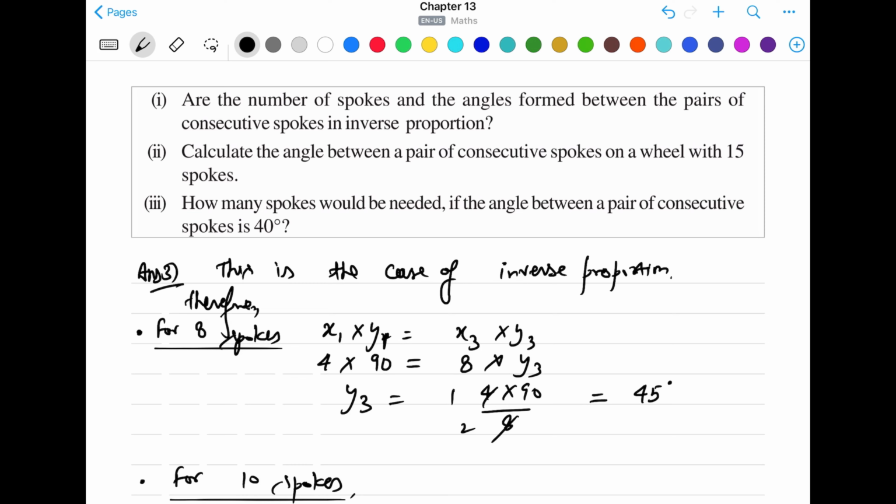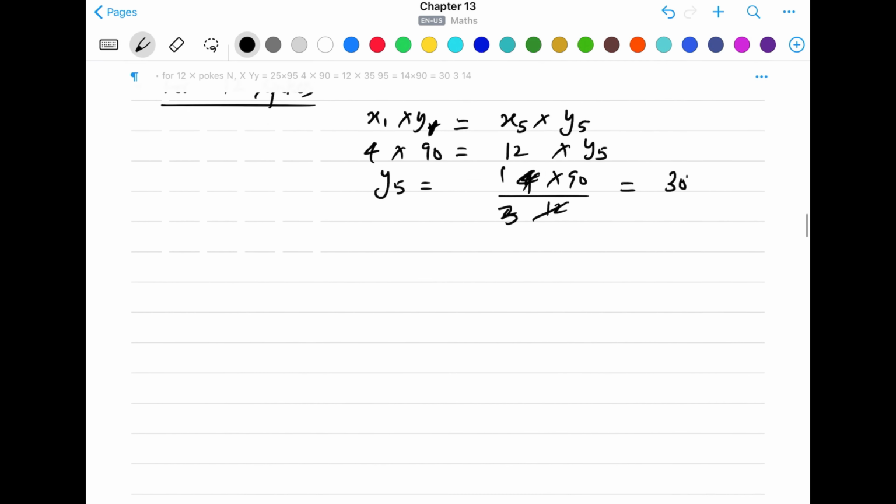Now we have to answer 3 questions from here. Are the number of spokes and the angle formed between each pair of consecutive spokes in inverse proportion?